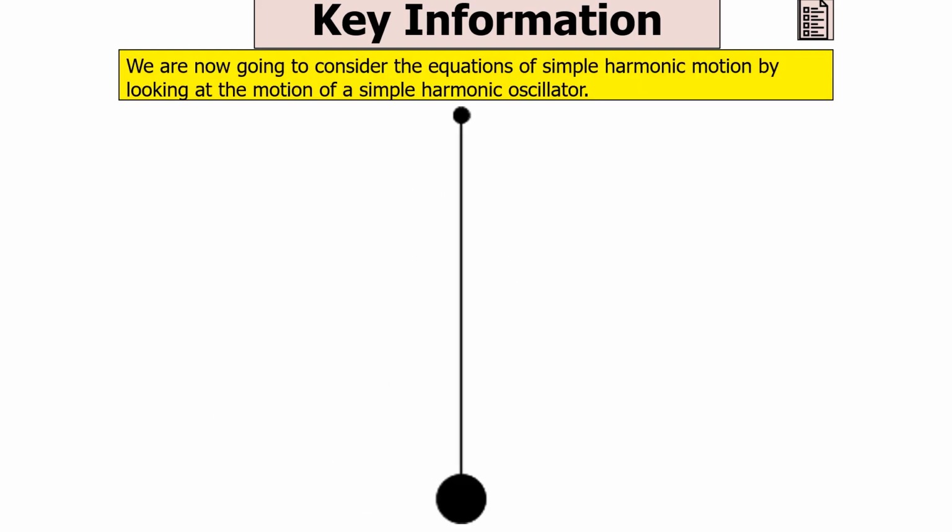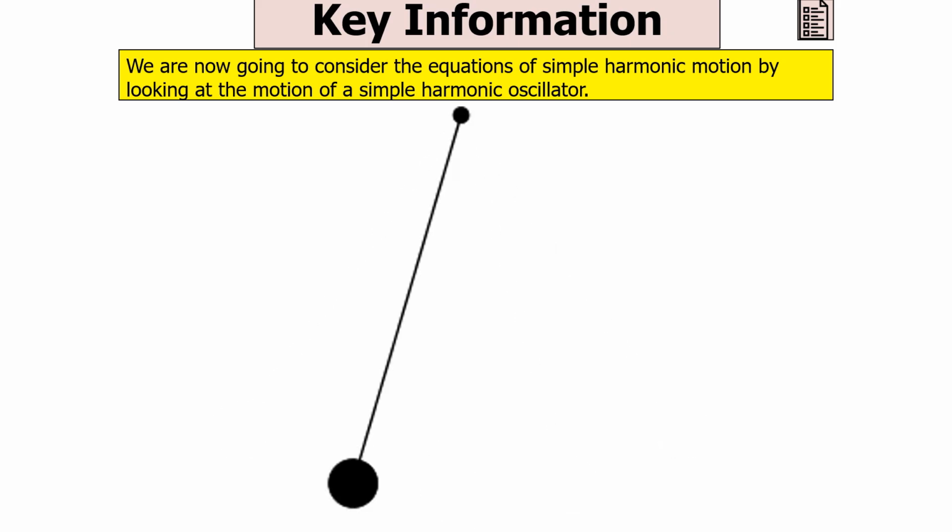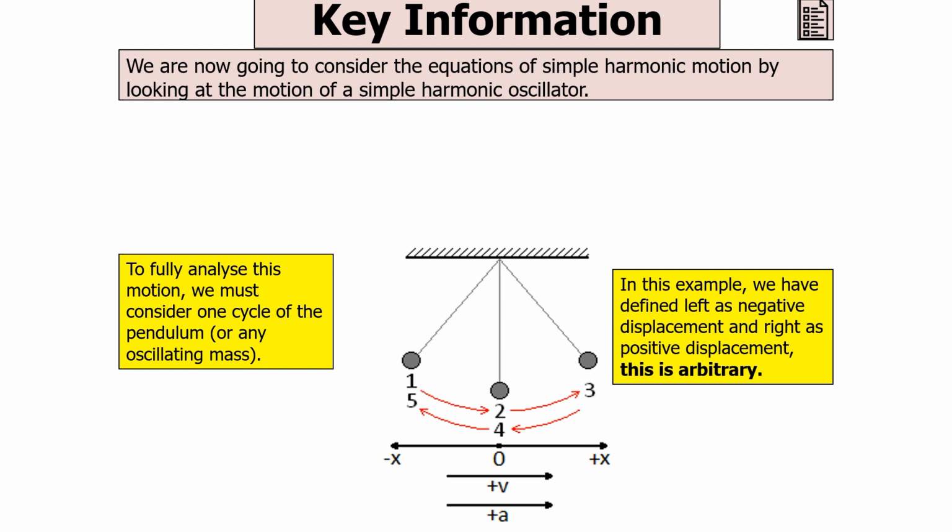We're now going to consider the equations of simple harmonic motion by looking at the motion of a simple harmonic oscillator. Now to fully analyse this motion, we must consider one cycle of a pendulum or any oscillating mass. In this example, we've defined left as negative displacement and right as positive displacement, but this is arbitrary.